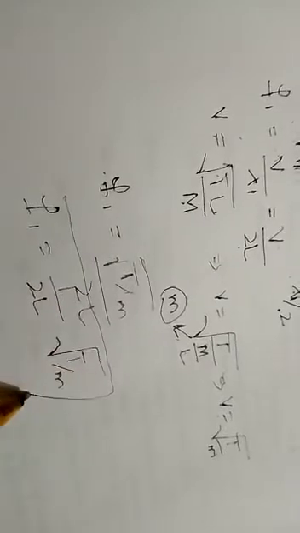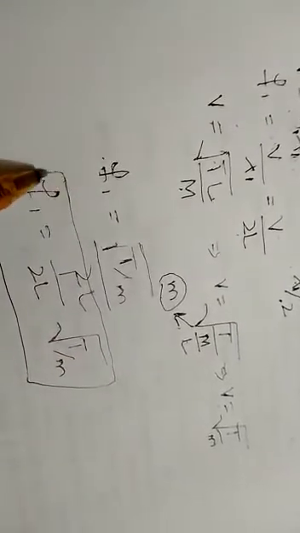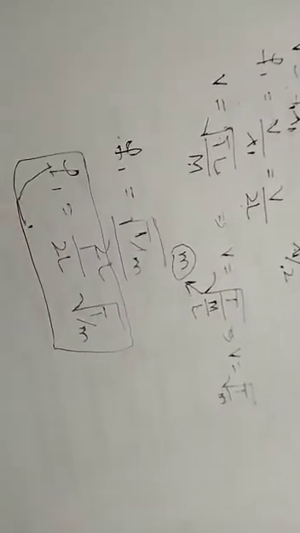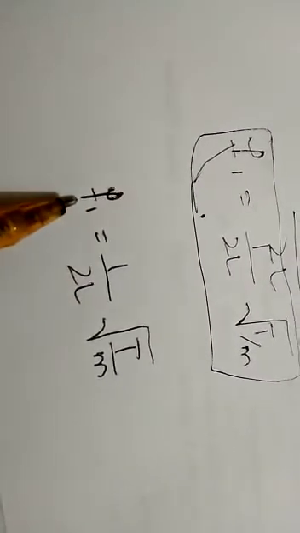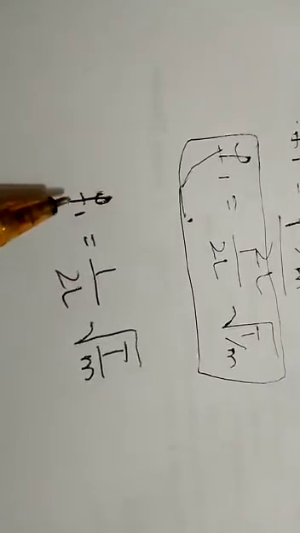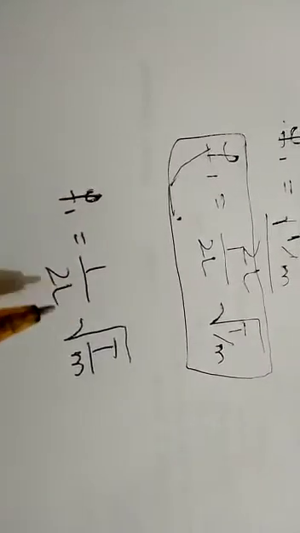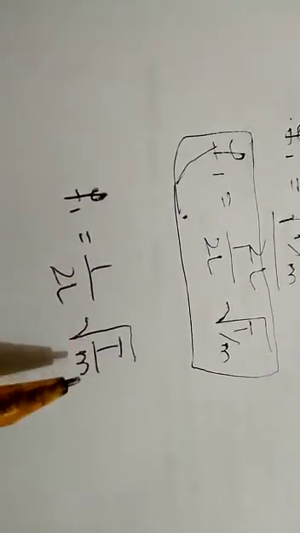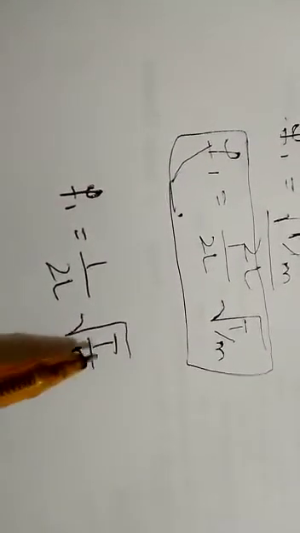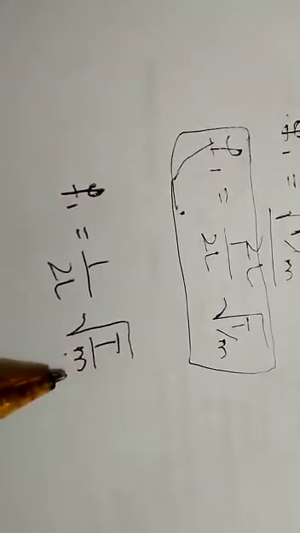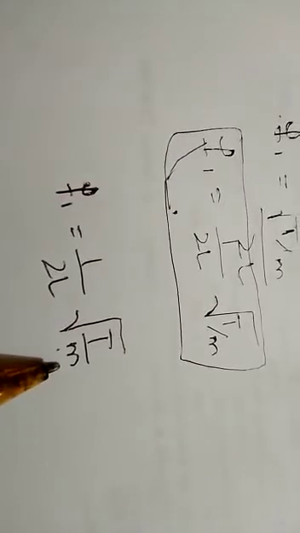This is the expression for the first frequency. The frequency of the transverse wave in a stretched string is equal to 1 by 2L under root T by m. L is the length of the string, T is the tension in the string, and m is the mass per unit length of the string.